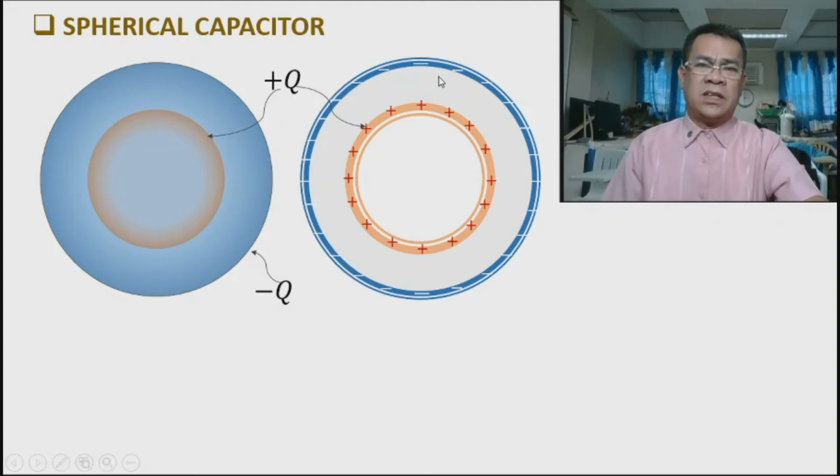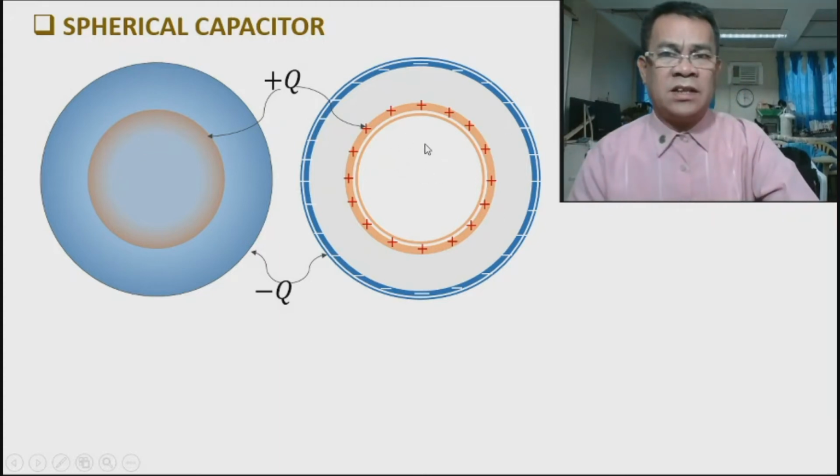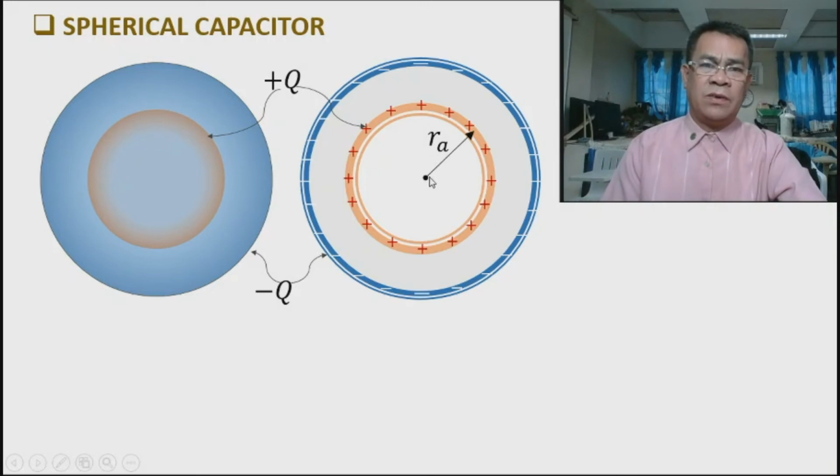This is the negatively charged outer part. Now, this is a spherical capacitor. So we need to provide the radius. It is required to measure that. RA is the radius of the positive hollow spherical charge. Then RB is the radius of the outer spherical conductor.